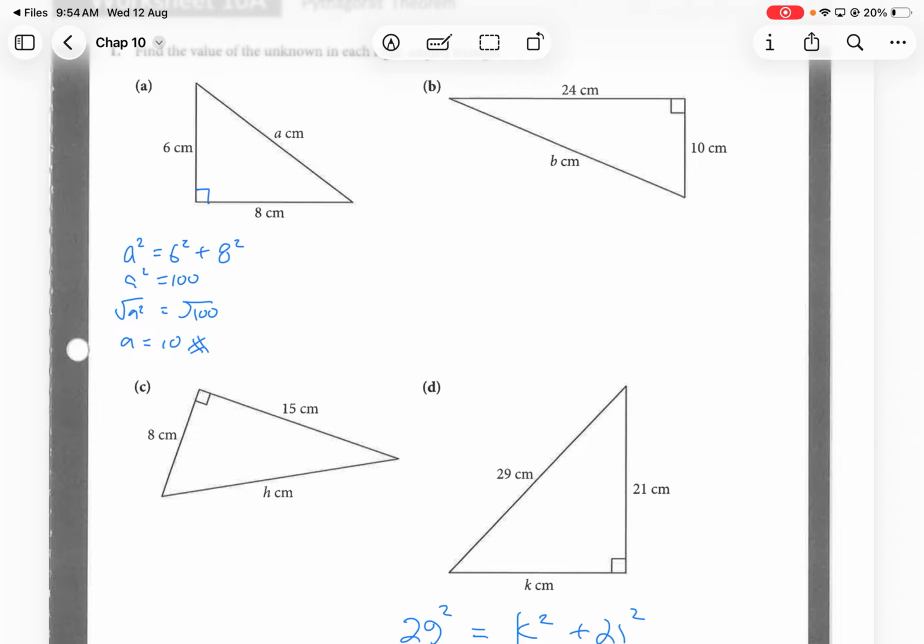Simple, just like that. Then you go and press calculator. B square is that number. Square root is that answer. Where's your calculator?